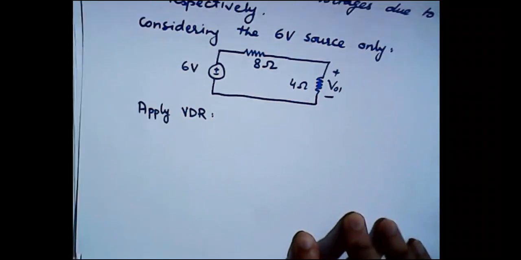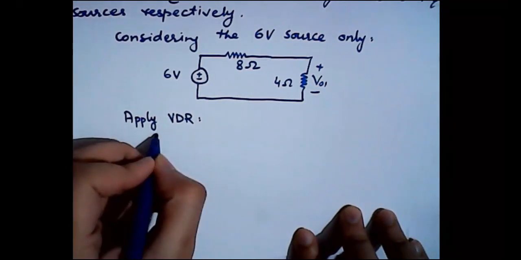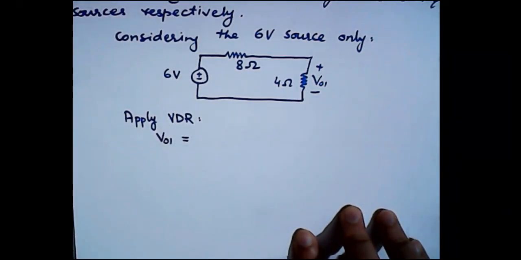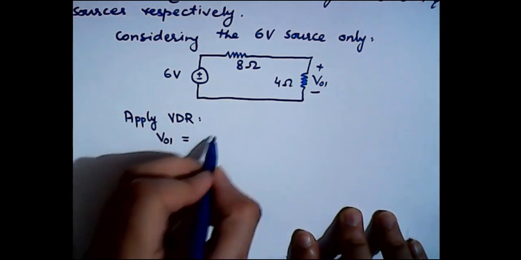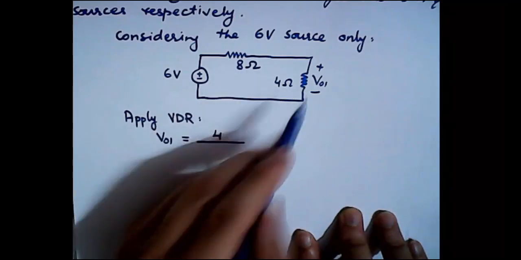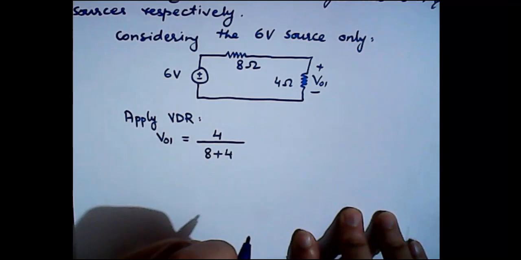So we will solve this circuit as V01 is equal to, we know that in case of the voltage divider rule, the resistance across which the voltage is being calculated comes in the numerator, which means 4 ohms, and in the denominator comes the sum of resistances, that is 8 plus 4, right?